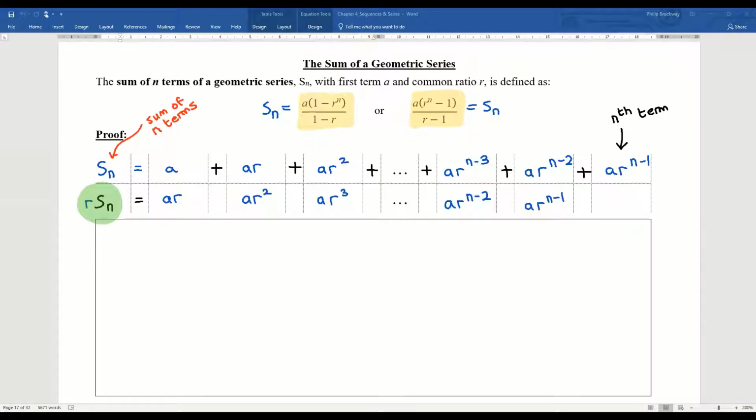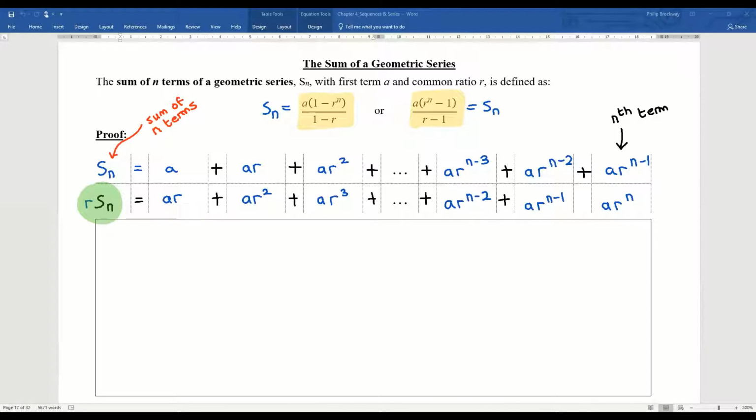So I'm going to add another 1 to the n subtract 1. So this is going to be ar to the power n. I hope that makes sense. So you're just adding 1 to each of these powers. Great, and let's put in the addition symbols, so adding all this together.